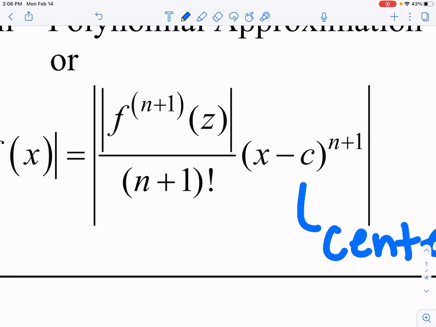Here there's x's and n's, okay? We're centered somewhere, but then we're plugging in a number further away. So we have this window of when we talk about our next derivative, is it bigger towards the center or towards the number that we're plugging in? So we have to figure out where that is to give ourselves the biggest cushion possible.